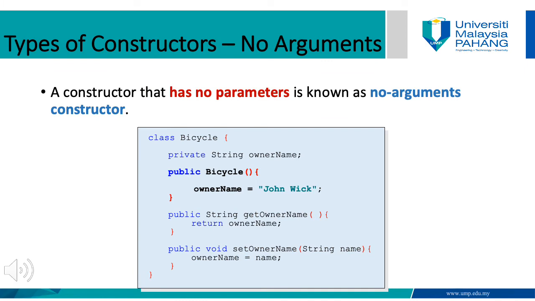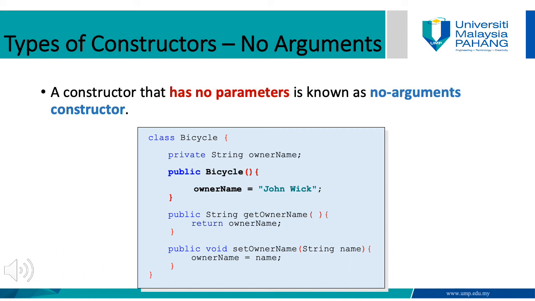And then the second type of constructor is the no argument constructor. A no argument constructor is a constructor that has no parameters. For this example, you can see the bold class here, the bold method here, public Bicycle, and in the brackets there are no parameters included.